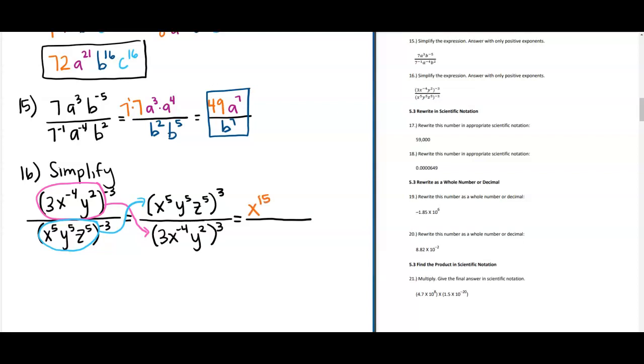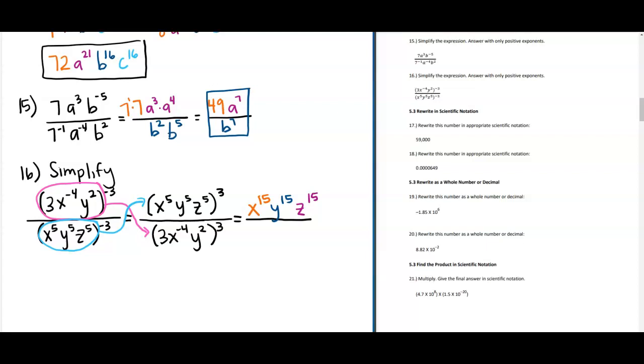Then my y's, y to the 5th times 3 is y to the 15th, and then z to the 5th raised to the 3rd is z to the 15th. All right, so now we don't have any parentheses there. We got rid of those, which is part of simplifying this, is making sure we don't have any parentheses left in there.